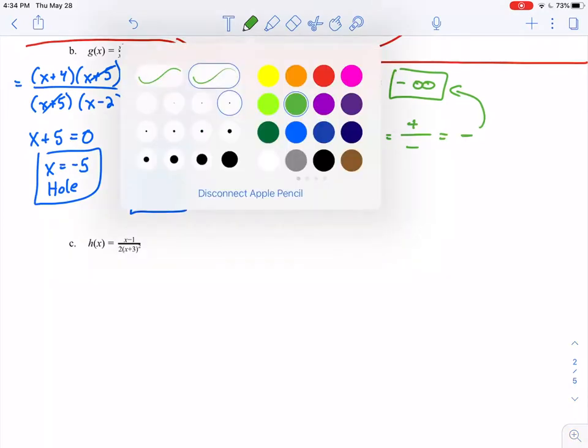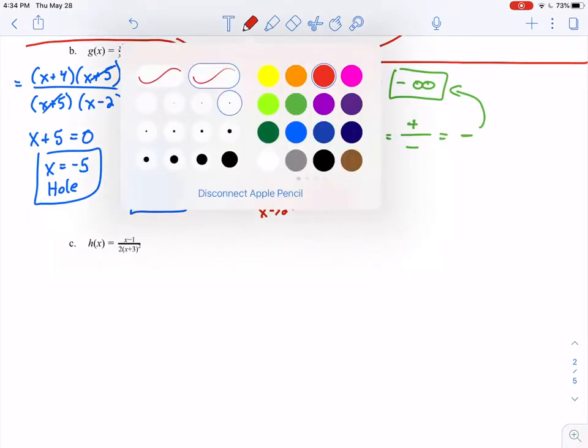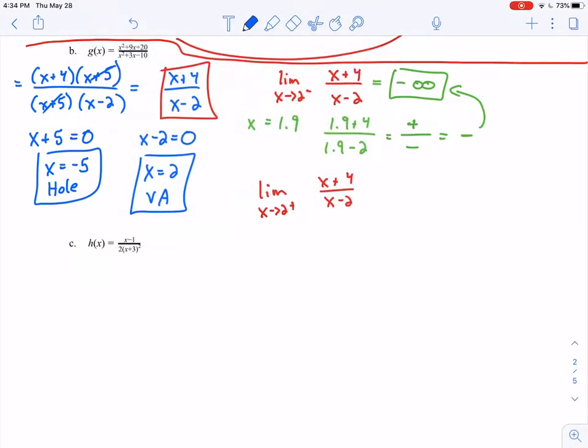For the right-hand limit, as x approaches 2 from the right-hand side of x plus 4 over x minus 2, again, I'm going to take the same approach, but this time I need a number that's close to 2 on the right-hand side. So I might pick x equals, say, 2.1 and plug that in.